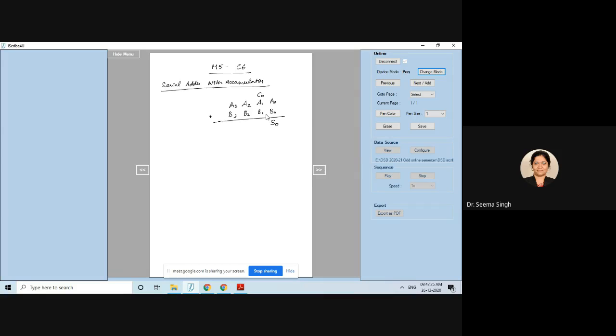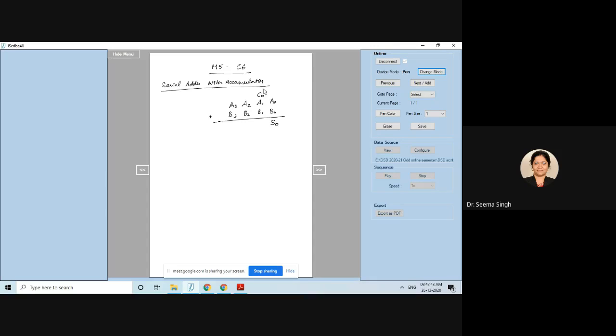That is why it is called a combinational circuit, because it combines all the inputs in a certain form and gives you the output. So A1, B1 and C naught should be presented to your full adder to give you the next combinational operation.